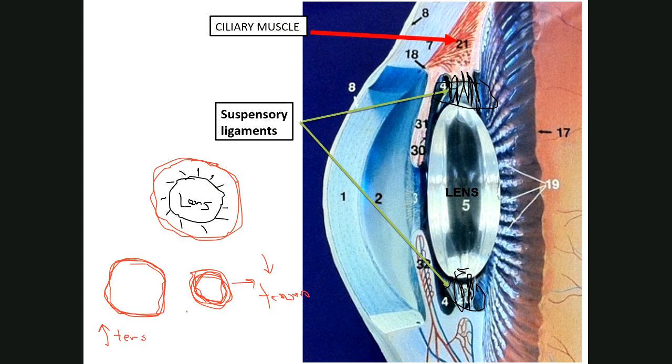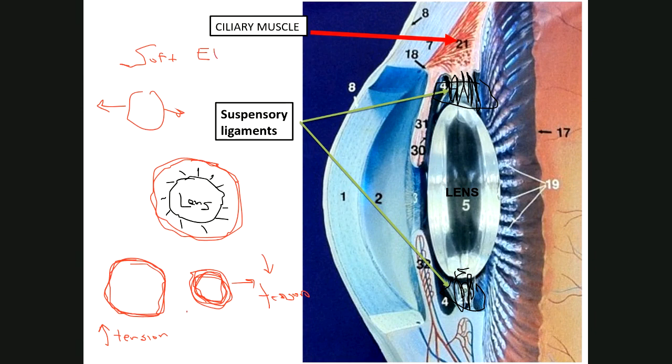Well, the lens is soft. And so if I apply tension to something that's soft, it's going to stretch. And then if I let the tension go, not only is it soft, but it's elastic.